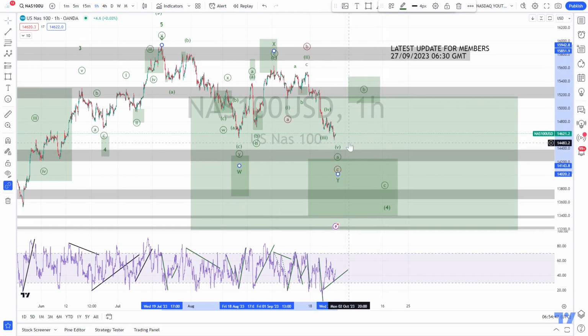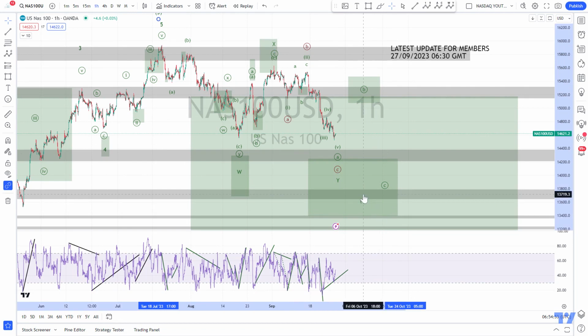The new cycle would then be like the wave 1 of the wave 5, which follows. This wave 4 here should be followed by a wave 5. So then the first impulse here could be your wave 1 of 5.